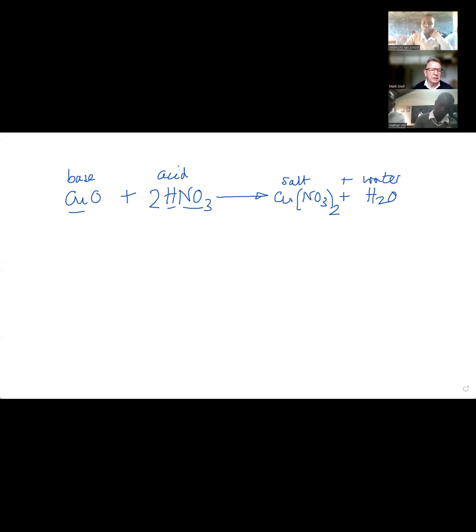So the next equation was NaOH and H2SO4. Now this again is a base plus acid, so it'll make a salt and water. I know what water is, H2O. The salt will be the sodium with the sulfate. Now the sodium has a valency of 1, forms 1 bond.